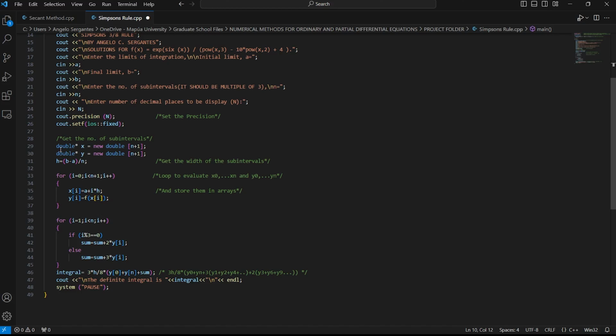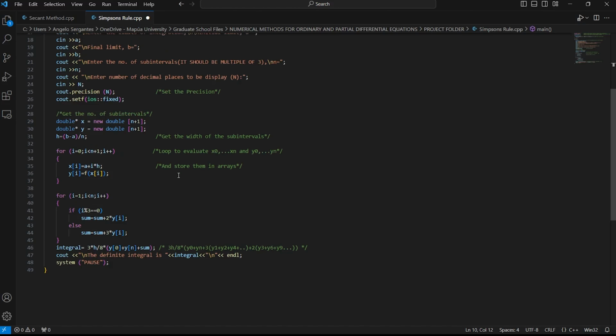So here we get the width of the intervals, h equals b minus a all over n. Then for the loop, we evaluate x sub 0 to x sub n, y sub 0 to y sub n, and store them in the arrays.